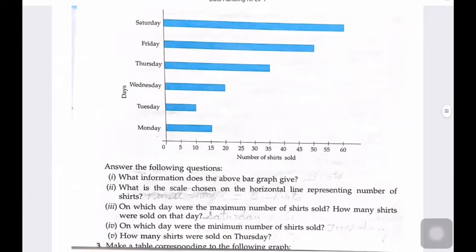Now is the second question. The graph is given in front of you. This shows, on one axis, the number of shirts sold and on the other, the number of days, यानी कि किस दिन. This type of graph is known as a horizontal graph. So यहाँ पे मंडे में हमारे पास 15 shirts हैं. Fine. On Tuesday you have 10 shirts, you can see from the graph.